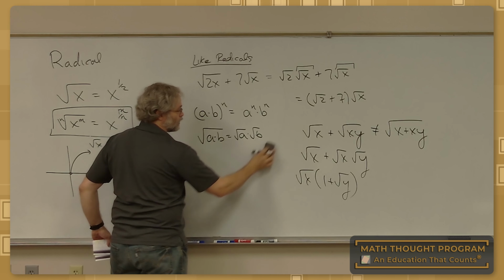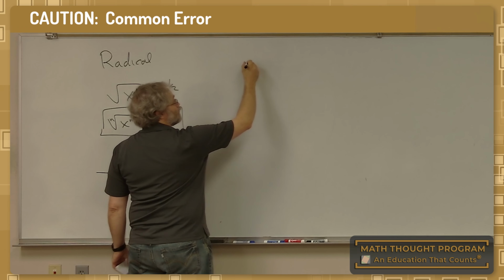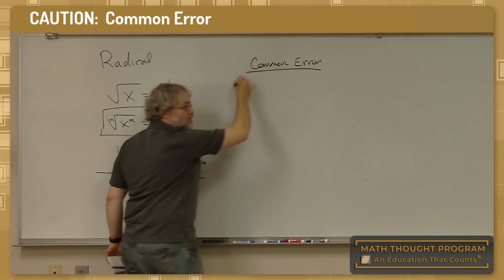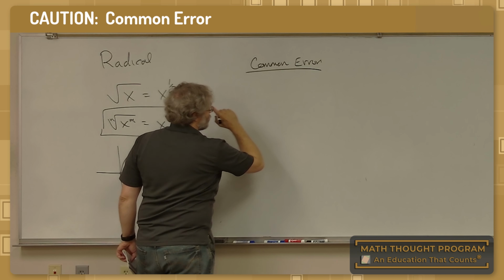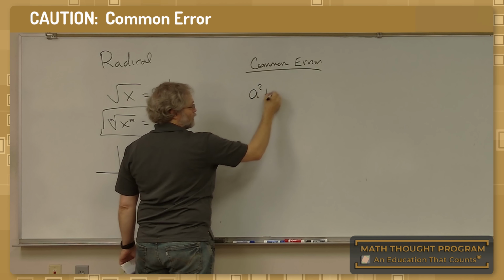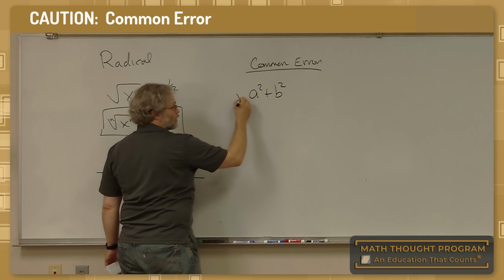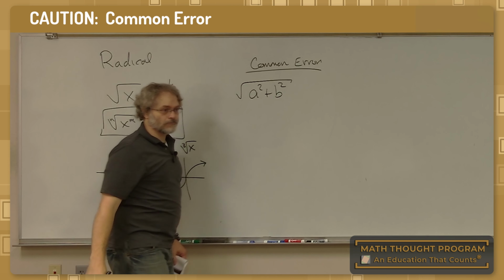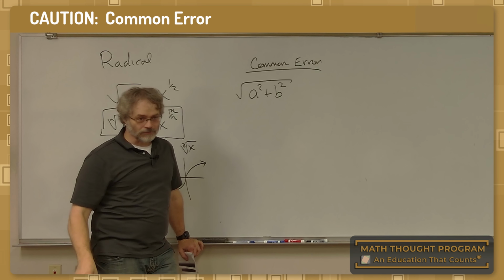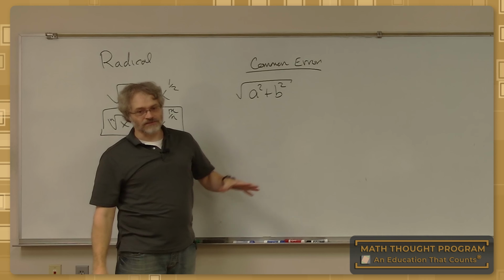Just be really careful. So here's a common error that I see quite a bit on exams and quizzes. And the error is this. Suppose I have the square root of a squared plus b squared. The common error that people make is they get things confused.